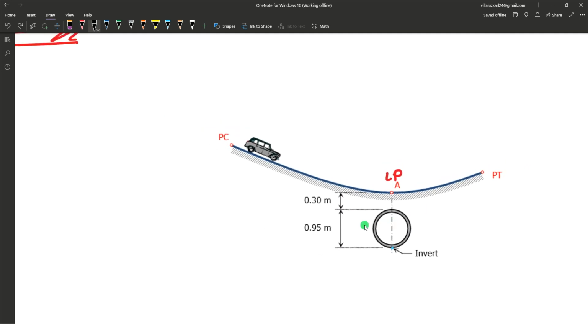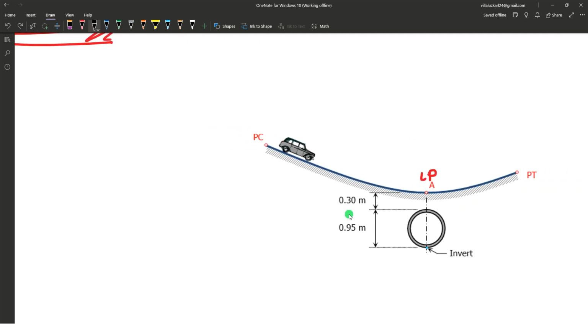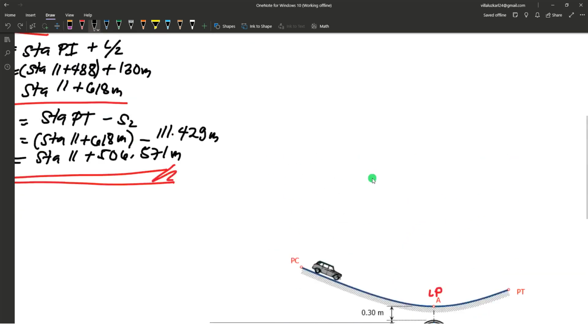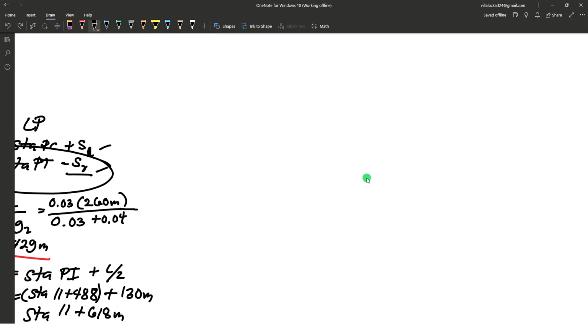First, we need to determine the elevation of the lowest point. This is for letter B. So how do we determine the elevation of the lowest point?